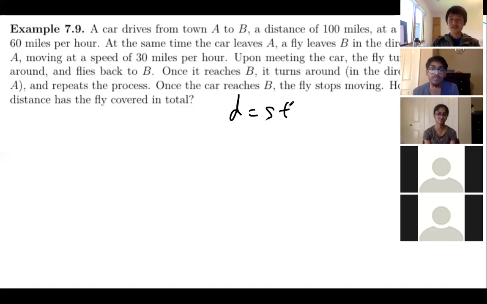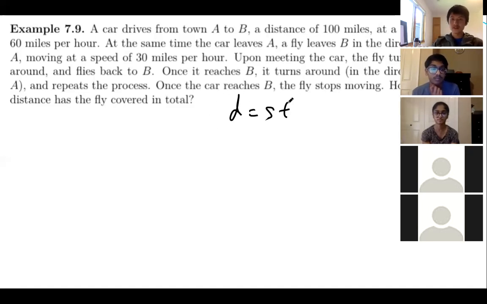If we find the amount of time the fly travels, we know the fly travels at 30 miles per hour, so we can find the distance that the fly travels in total that way.